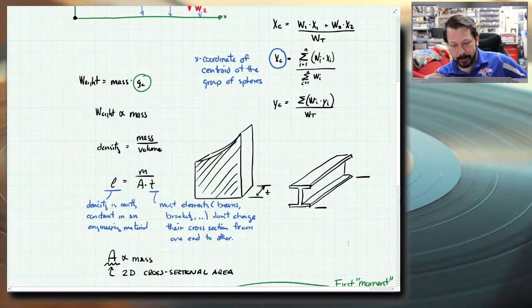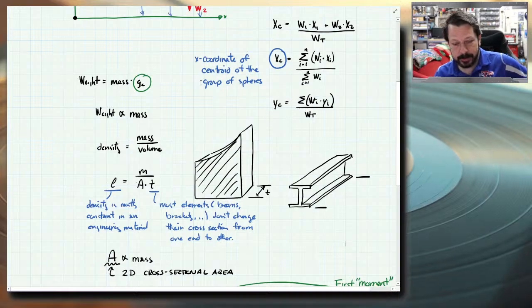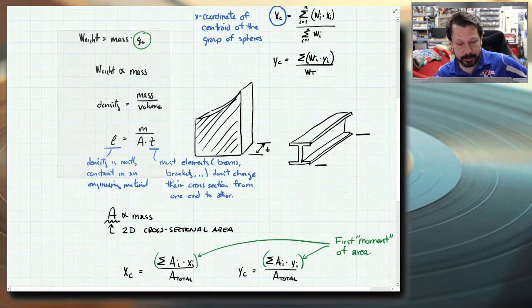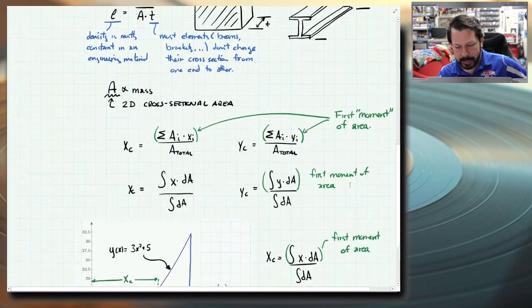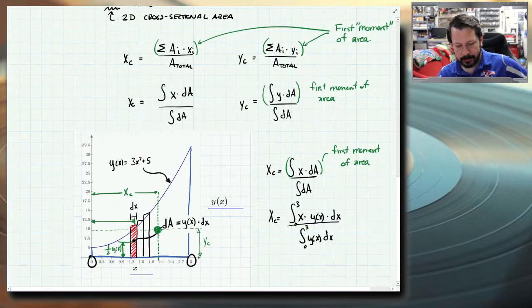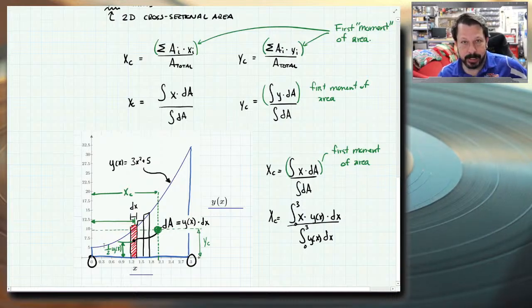So I went through this process with the calculus because it reveals how the centroid is working and some of the assumptions that are embedded in using these equations to calculate centroids. And I think it gives you an idea of what to do if you did have a shape that wasn't just some standard rectangle or circle or something like that.